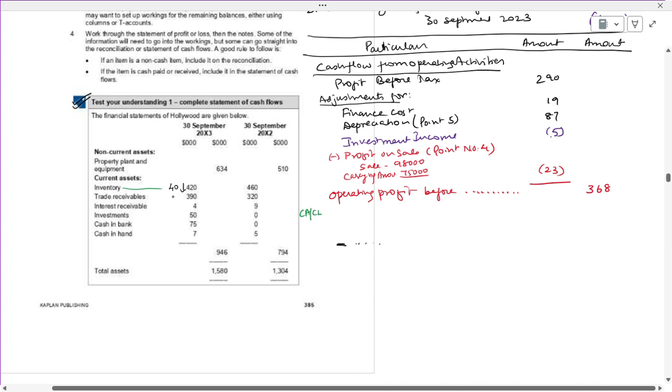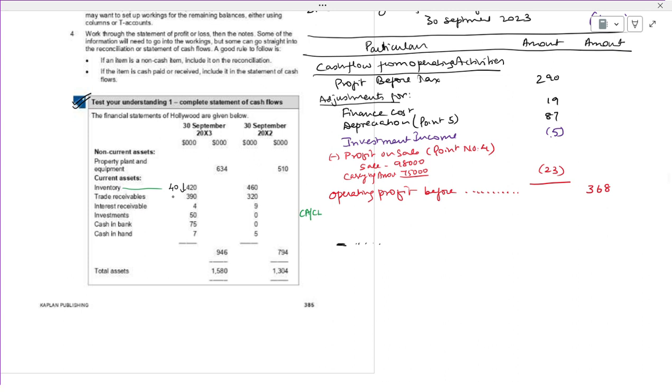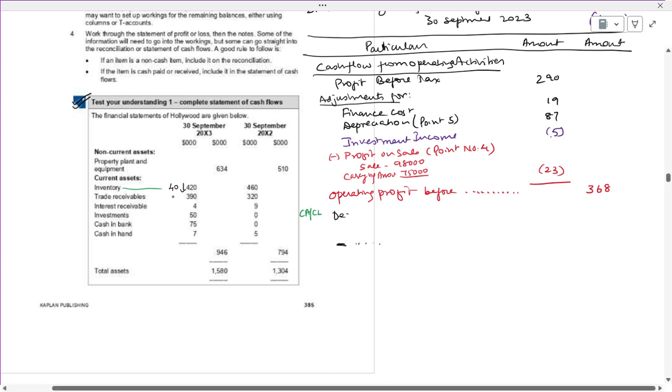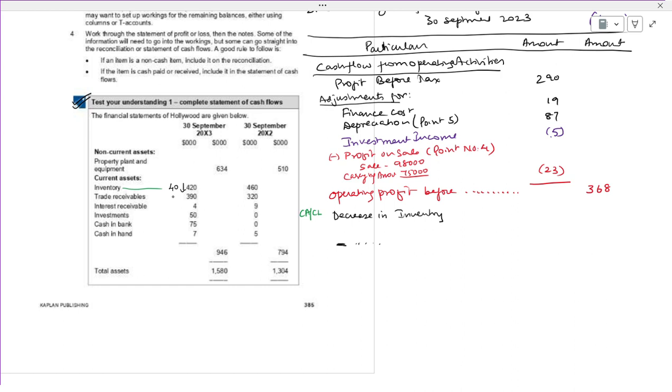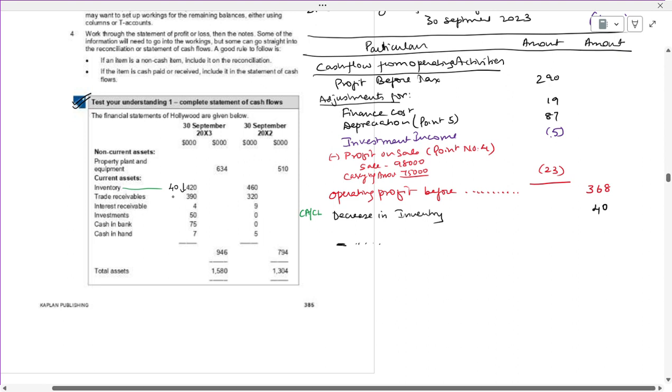Cash increases. Asset decreases, cash increases. Decrease in inventory, 40. Now you understand the importance of rule 1, 2, 3, 4.